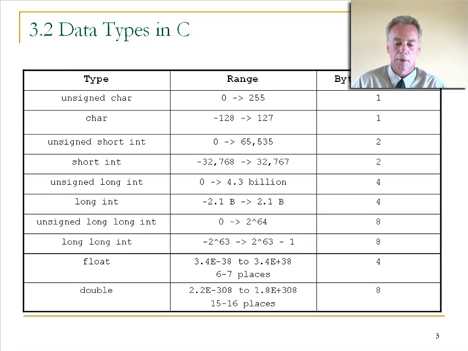The magnitude of the float and double is also indicated on this chart. The e is exponential notation. So 3.4e minus 38 means take 3.4 and move the decimal point 38 places to the left. Similarly, plus 38 means move the decimal point 38 places to the right.